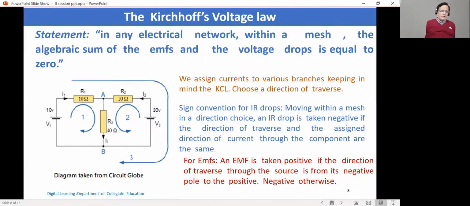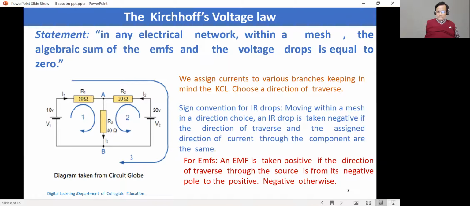So here there are two issues. One is the IR drops, the other is the sources of energy. IR drops, by the explanation that I have given, are clearly the consumers of energy in the mesh, and the sources that are present are essentially the suppliers of energy.